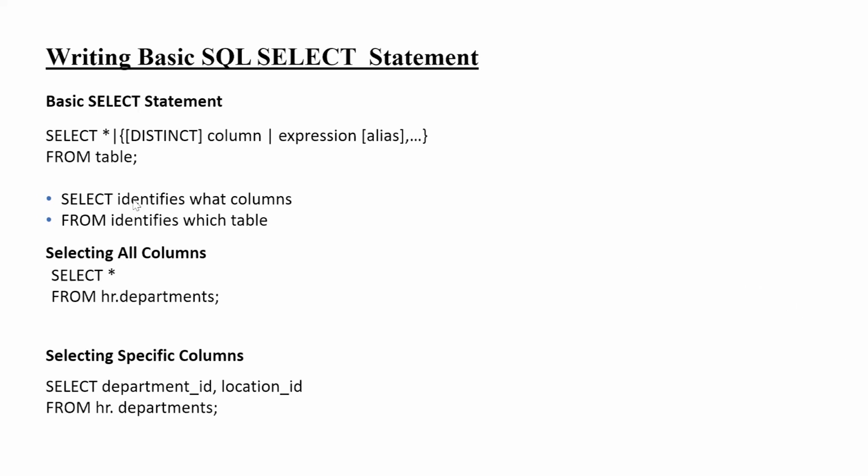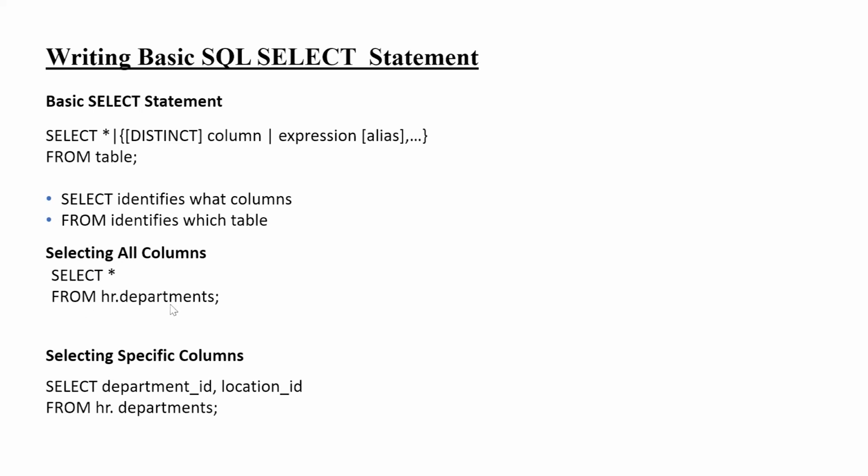Right now we'll see how to fetch some data. Select identifies which columns. So this is select and this is from. Like I told you, select identifies which columns you want to show.